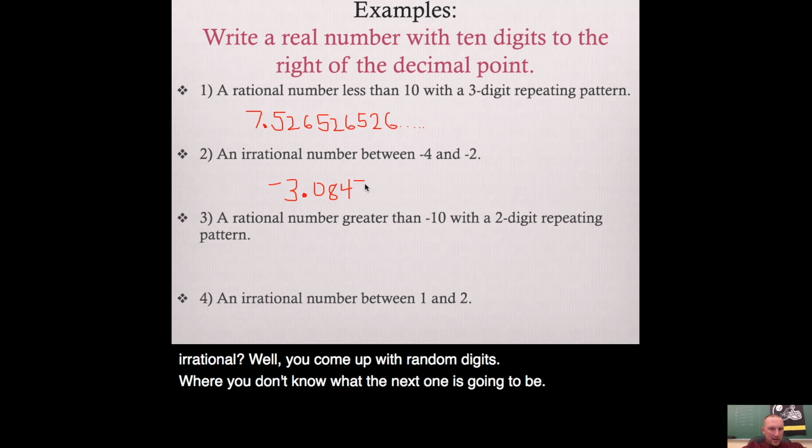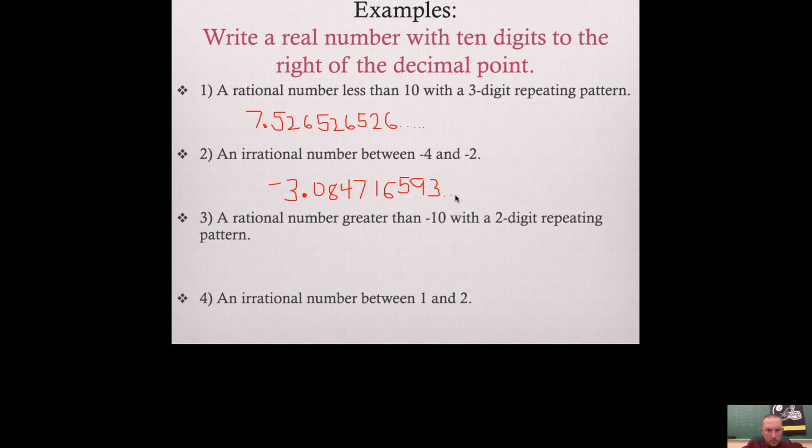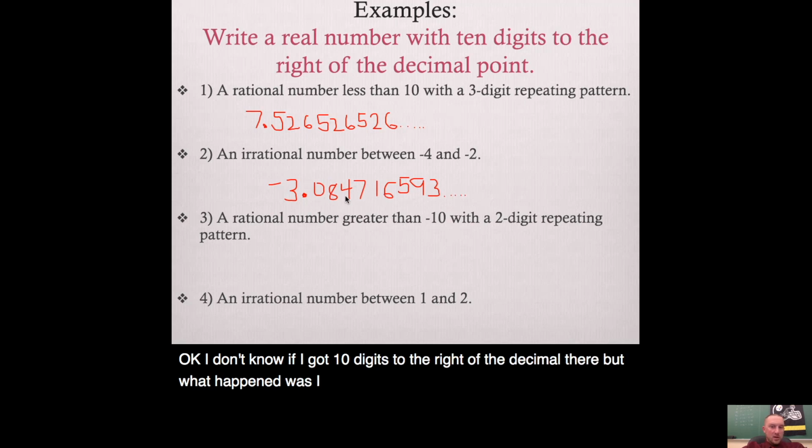So we don't want a pattern. Okay, now I don't know if I got 10 digits to the right of the decimal there, but what happened was I listed a whole bunch of numbers there where there's no pattern. That's what makes it irrational.